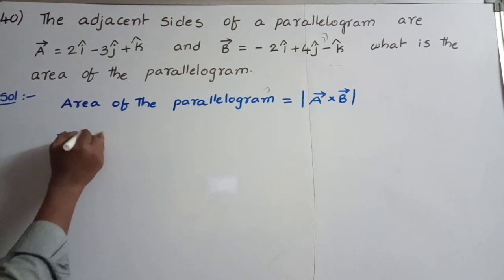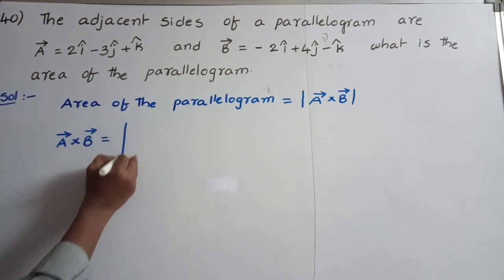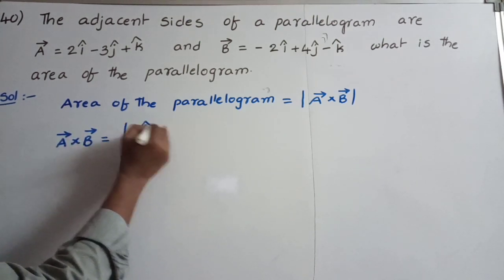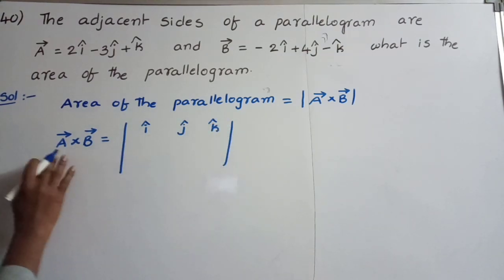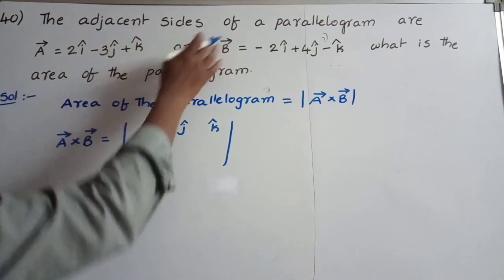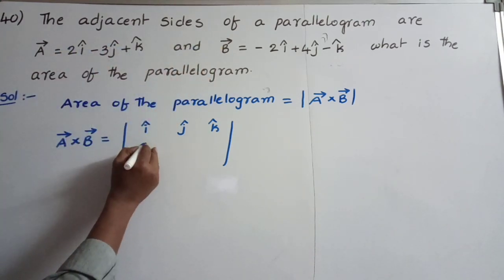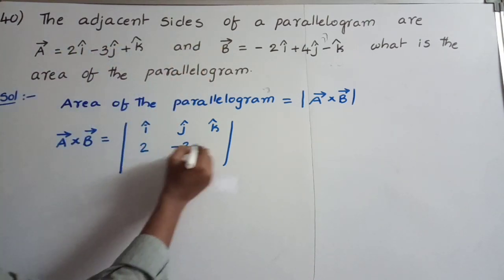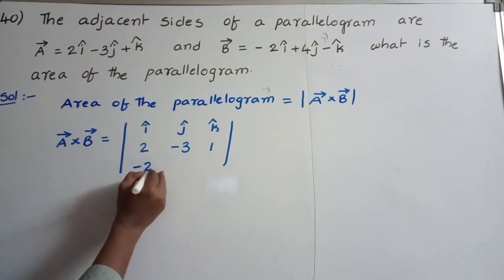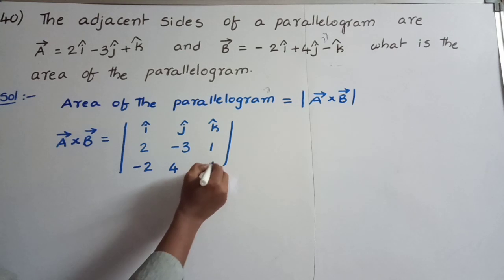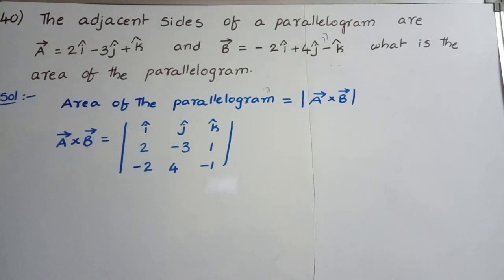A bar cross b bar is equal to, first we write i cap, j cap, k cap. Here first vector is a. In that a, x coordinate is 2, y coordinate minus 3 and z coordinate 1. In vector b, x coordinate minus 2, y coordinate 4 and z coordinate minus 1.